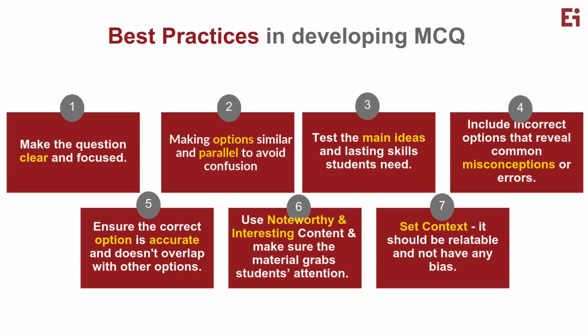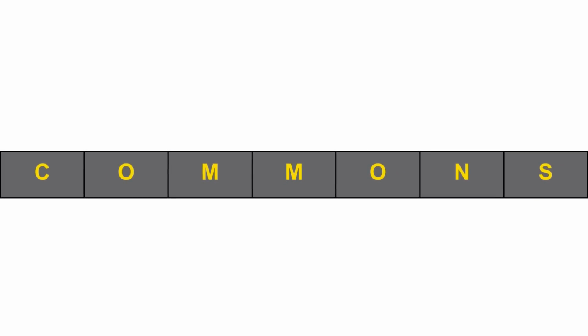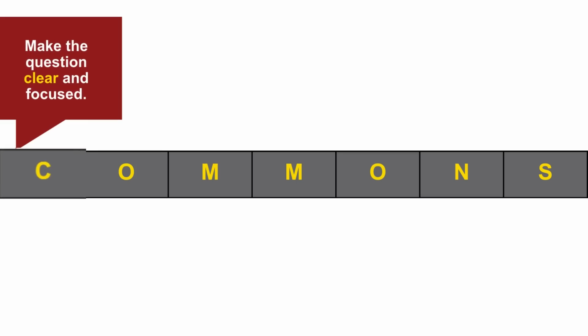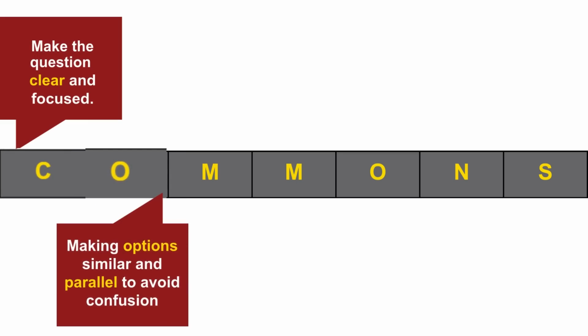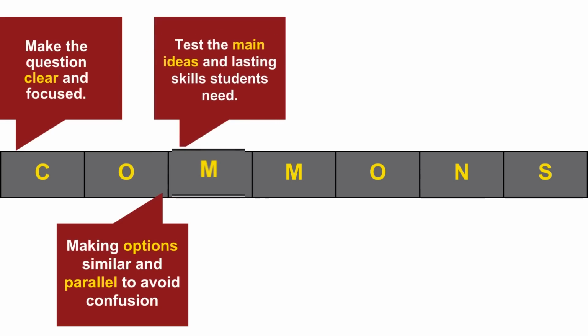For easy recall, use the mnemonic COMMONS. C is for making the question clear and focused. O is for making the options similar and parallel to avoid confusion. The first M in COMMONS is to test the main ideas and lasting skills the students need.